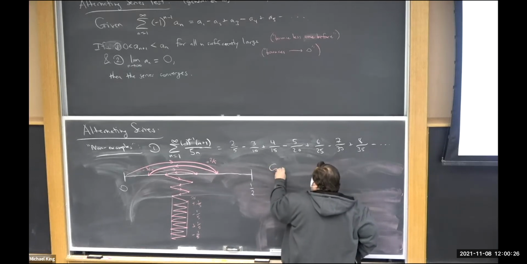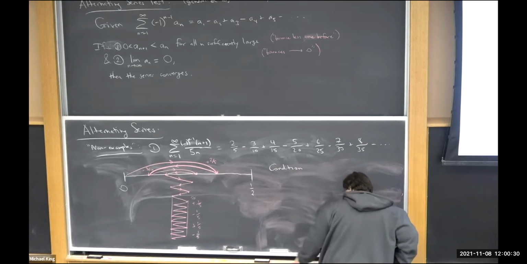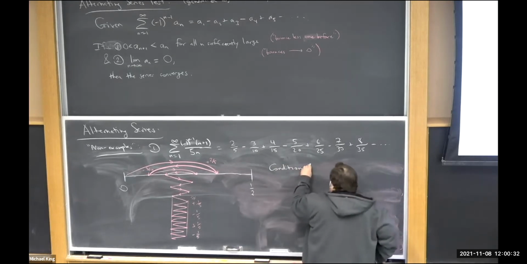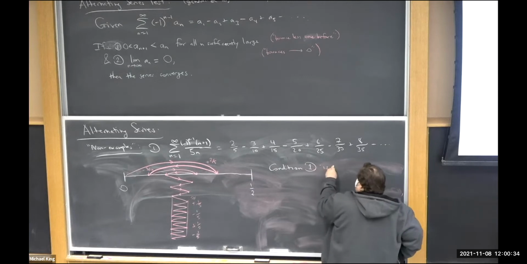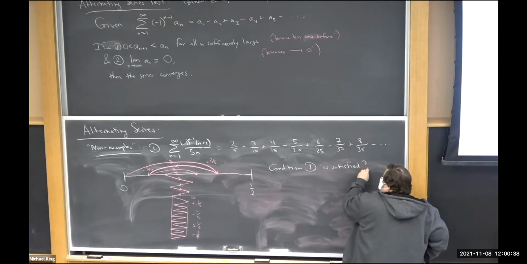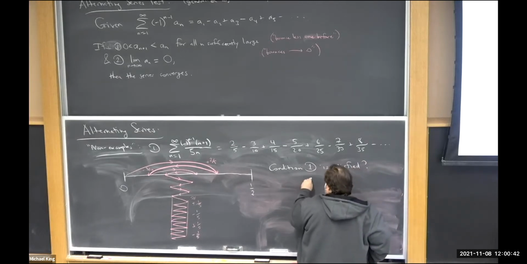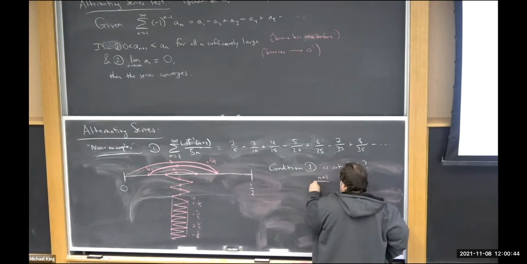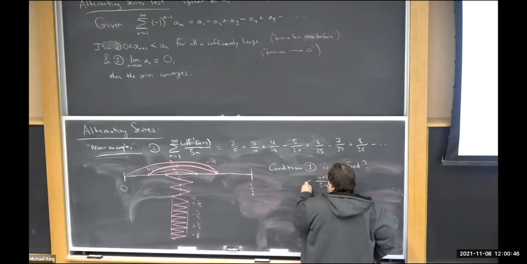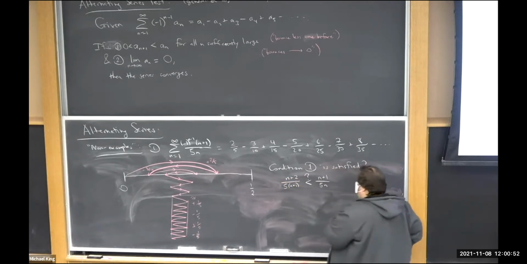Condition 1 is satisfied, I think. Let's see, if you compare the n plus first term to the nth term, the nth term is (n plus 1) over 5n. Is it true that (n plus 2) over 5(n plus 1) is less than that?